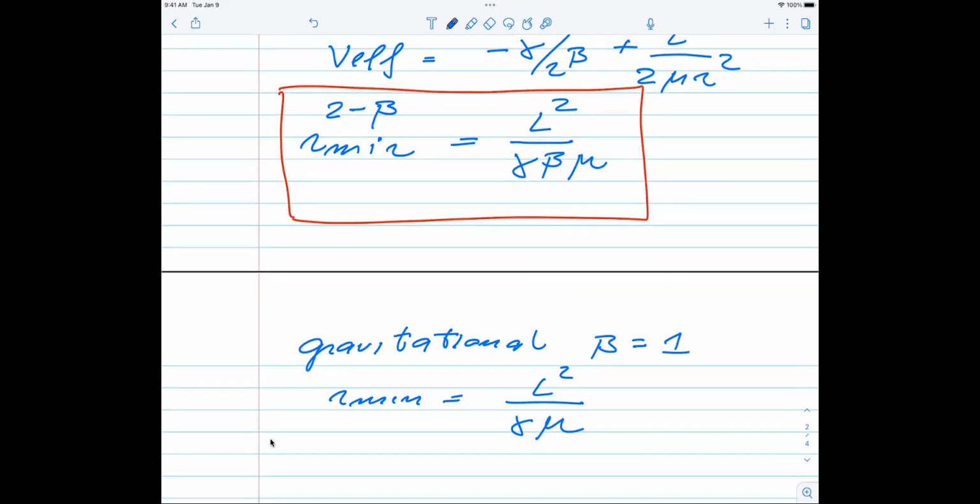Now, there's something I want you to think of. I'm not going to give you the answer, because in exercise 1, you are asked to study the motion you get when you put beta equal to 2 and beta equal to 3. And the question then, when you run numerical simulation, is whether you will get a stable orbit or not.